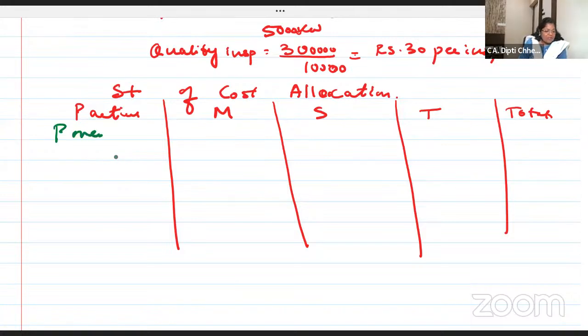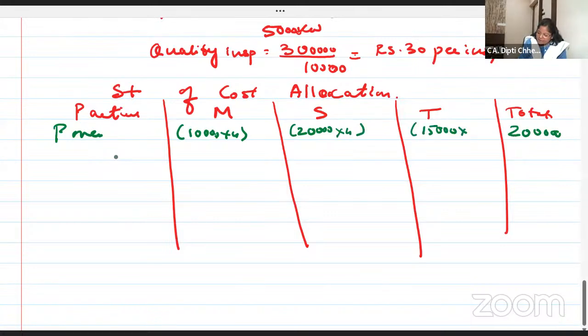Power cost. What is the total power cost? 2 lakh. How many kilowatts are there? Here 10,000 into 4. Here 20,000 into 4. Here 15,000 into 4. 40,000, 80,000, 60,000, so 2 lakh.